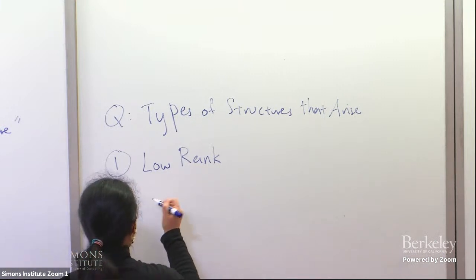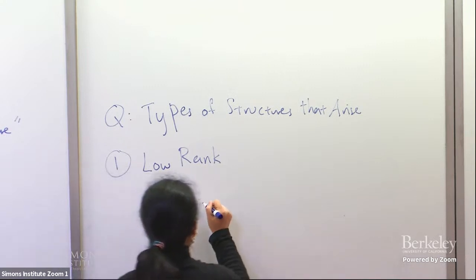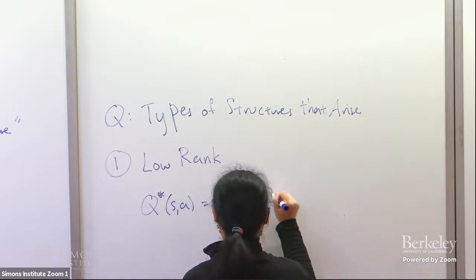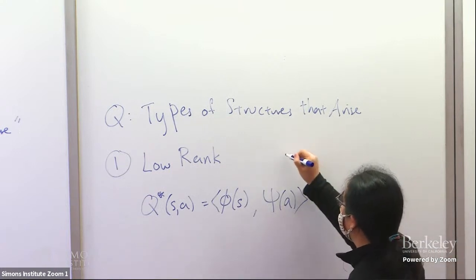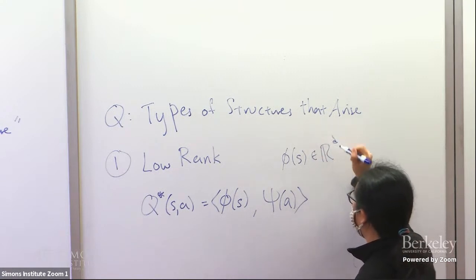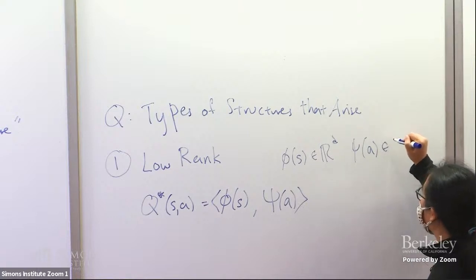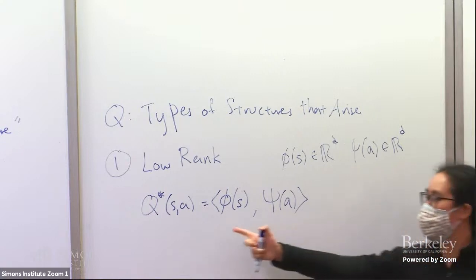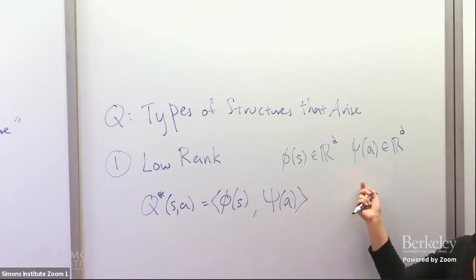One assumption would be that there is some low dimensional representation of the features of the states and actions, such that the Q function of the optimal policy is linear with respect to this feature representation.